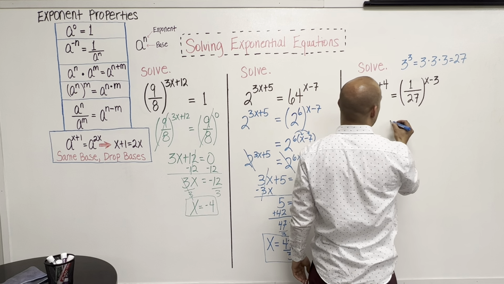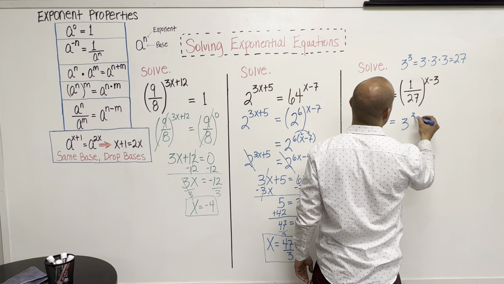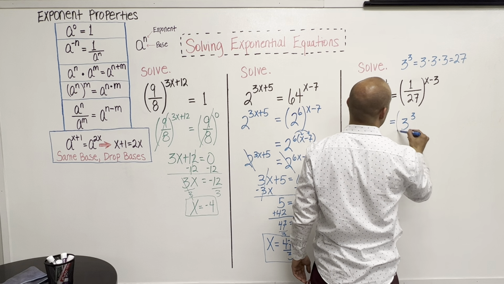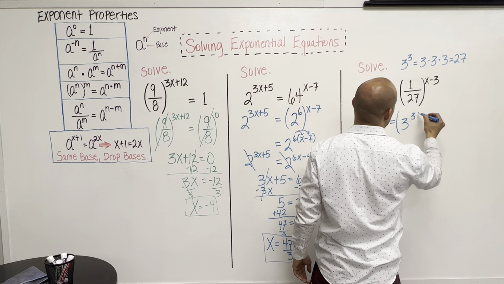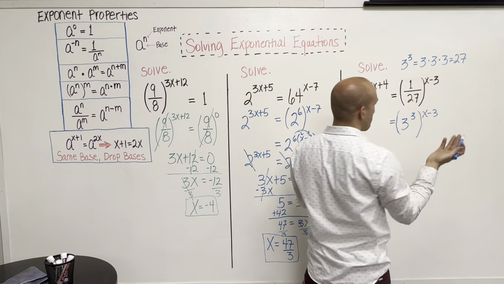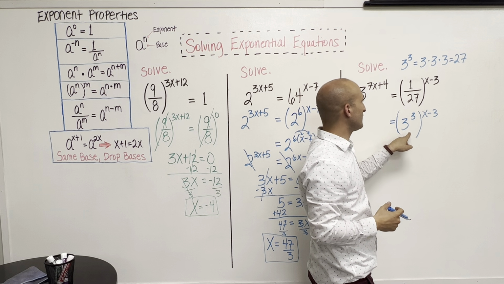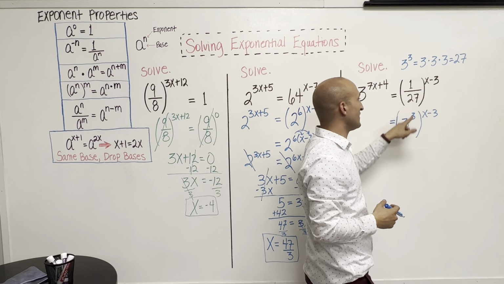Now, I can't just simply write 3 to the power of 3, right? Because this equals 27, not 1 divided by 27.